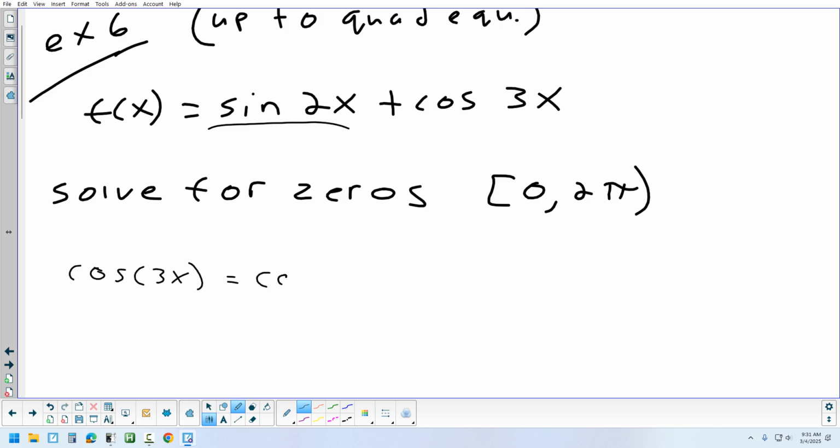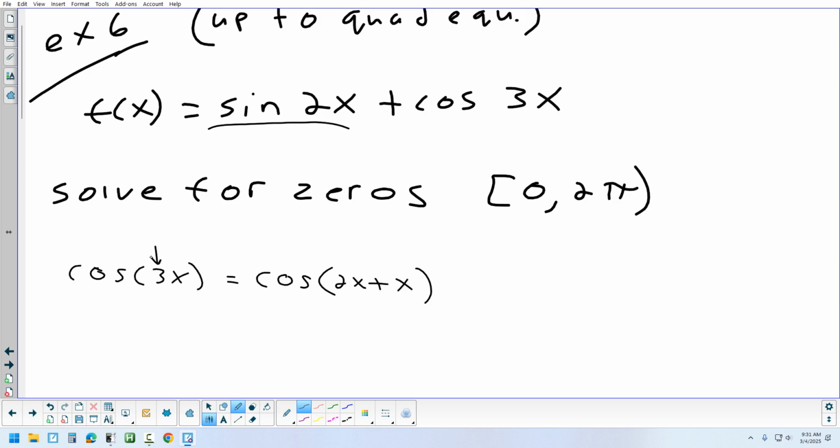Well, we want a single cosine, but what would you want to put inside it? It's just got to be something that we can tie in with formulas we already have. Yeah? Cosine of 2x plus x. 2x plus x. Yep.